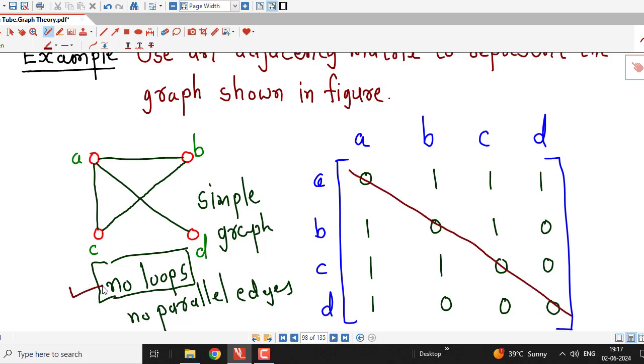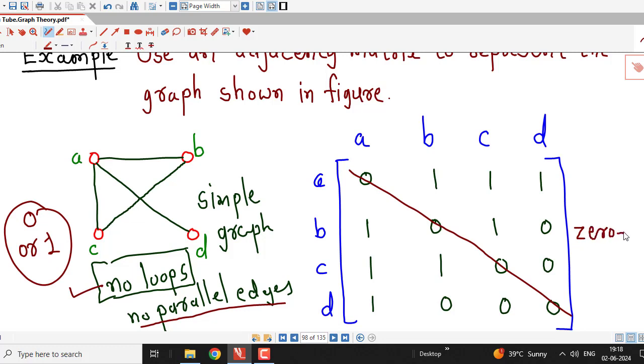If the given graph has no loops, then main diagonal entries are always 0. And another thing is, if there are no parallel edges between vertices, then entries of the adjacency matrix are either 0 or 1 only. That is, the adjacency matrix is a 0-1 matrix if there are no parallel edges in the given graph.